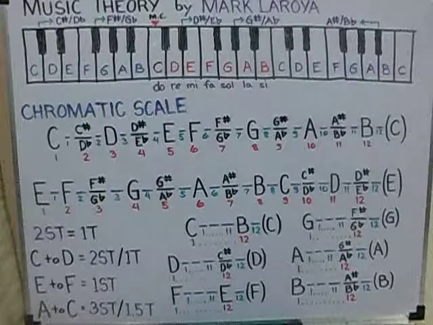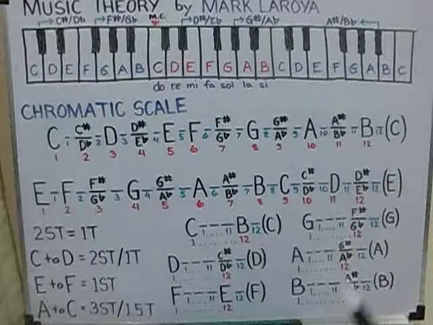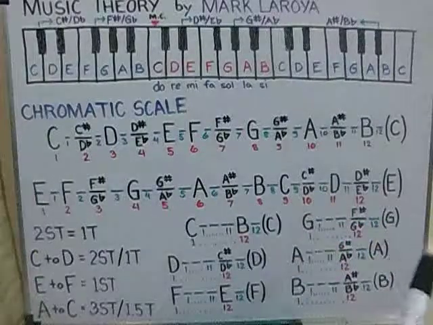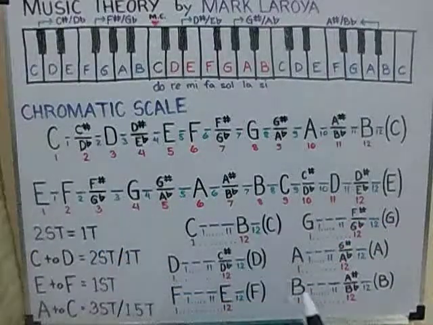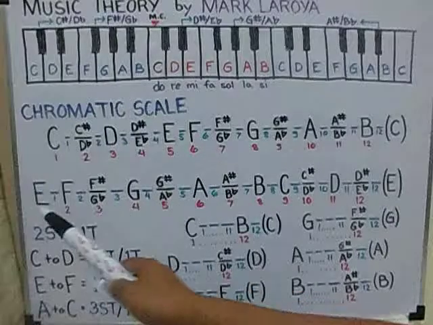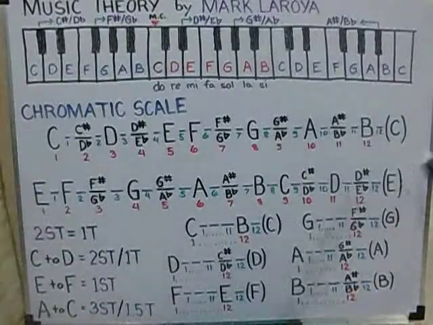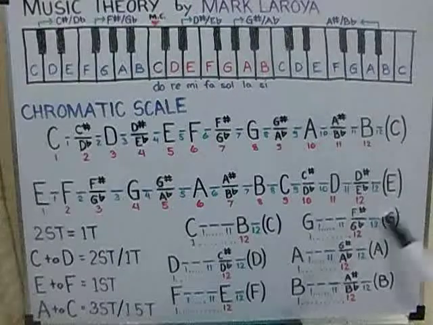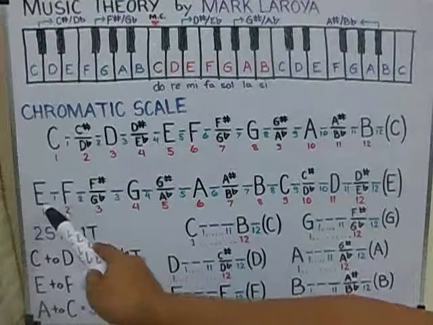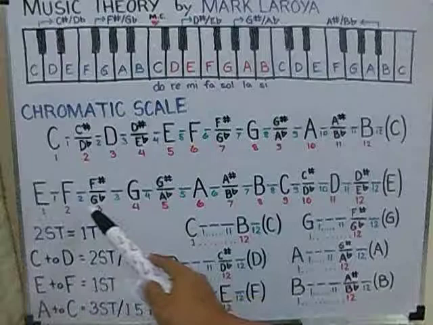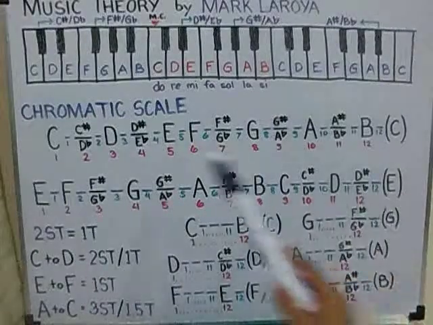Okay, so let's go now to, randomly, I chose E as our next example. So E going to higher E. We should have 12 semitones.